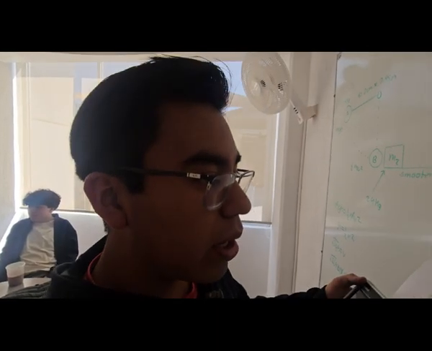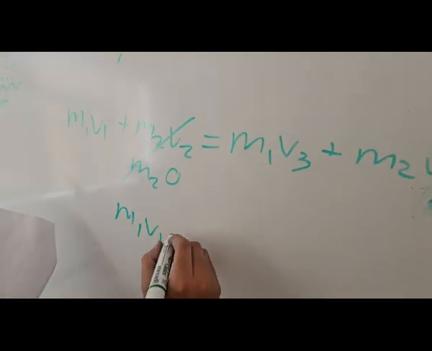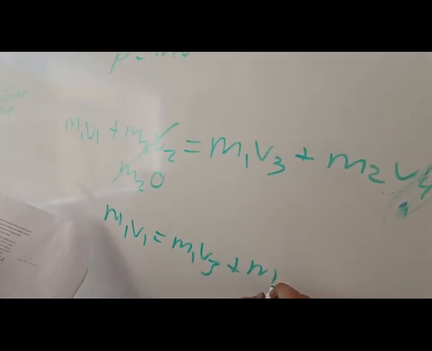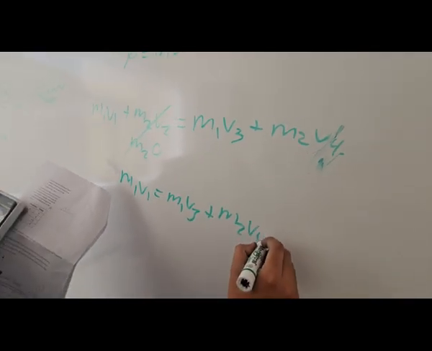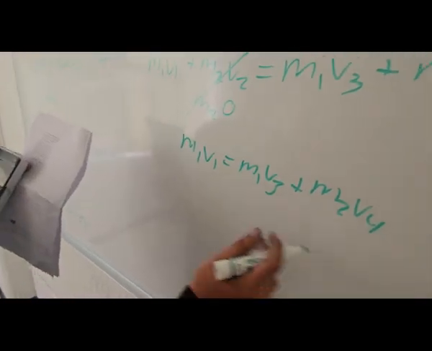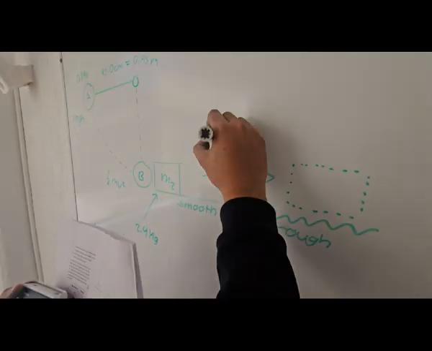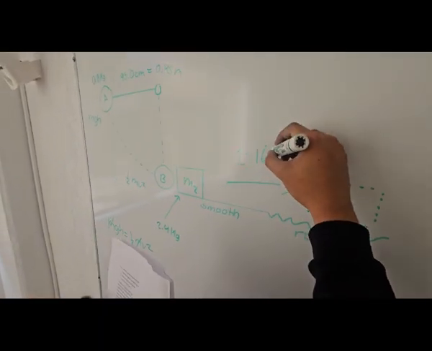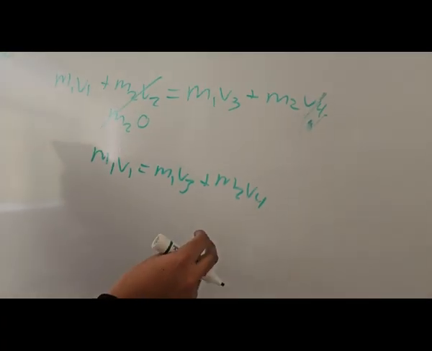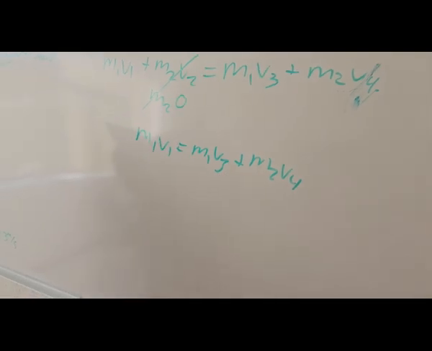Now the problem gives us that velocity 4, which is when it moves, will be about 2.16 meters per second. So we need to substitute for velocity 3, sorry.